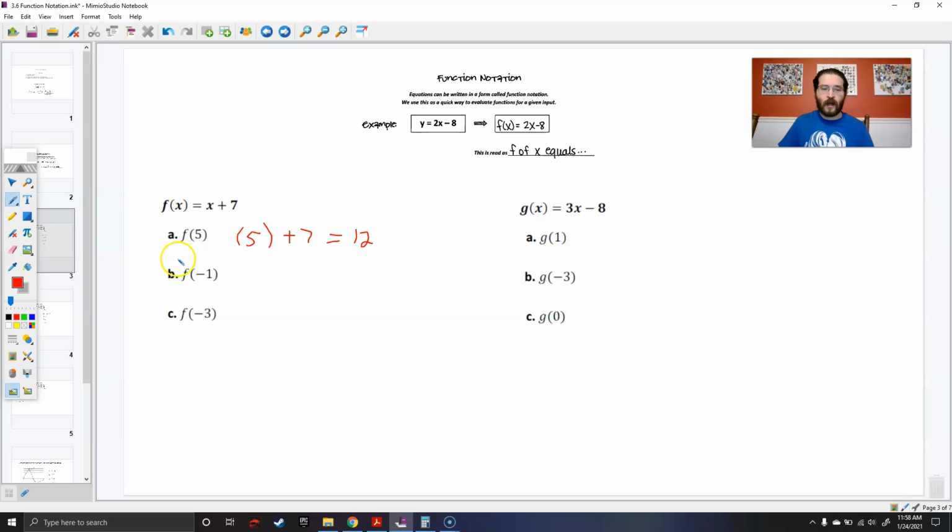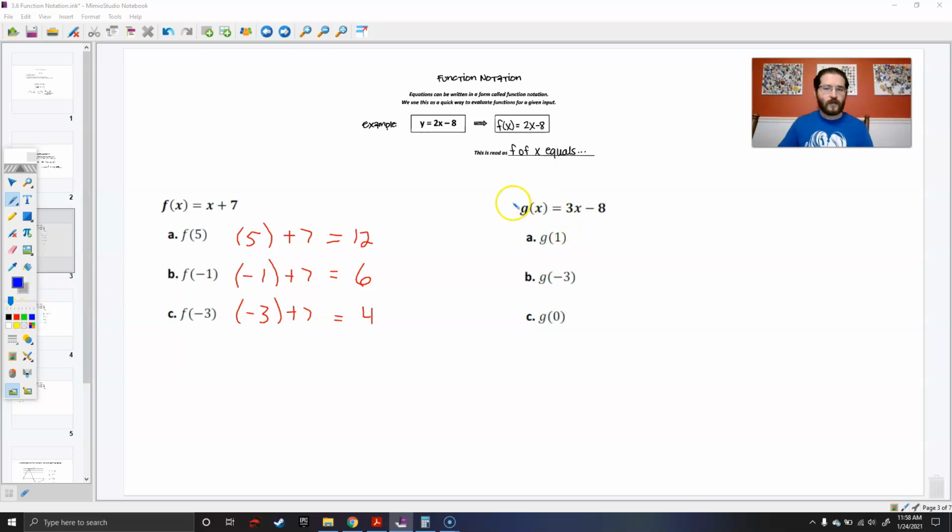We can do the same thing for both b and c. This is negative 1 plus 7, and this will be negative 3 plus 7. Negative 1 plus 7 is equal to positive 6, and negative 3 plus 7 is equal to positive 4. We're just substituting that value whenever we see x.